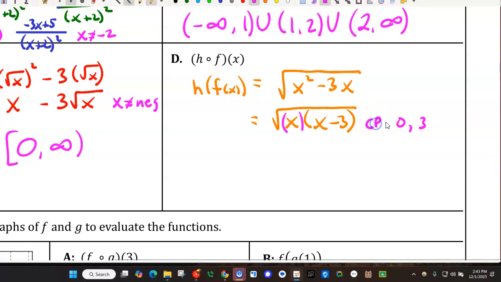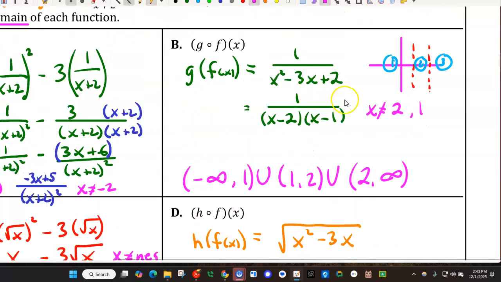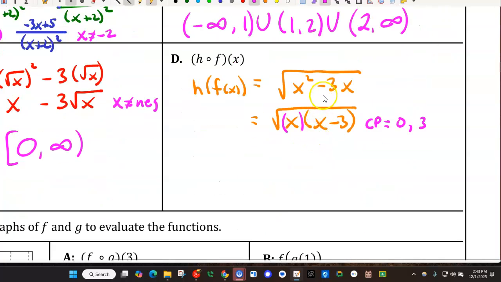The critical points are 0 and 3. Because if you plug in 0, you get 0 minus 0, square root of 0, 0. So x can equal 0. Same thing with 3. 9 minus 9, 0. It's where you get a 0, but unlike denominators where you can't have zeros, with square roots, it's okay to have 0.